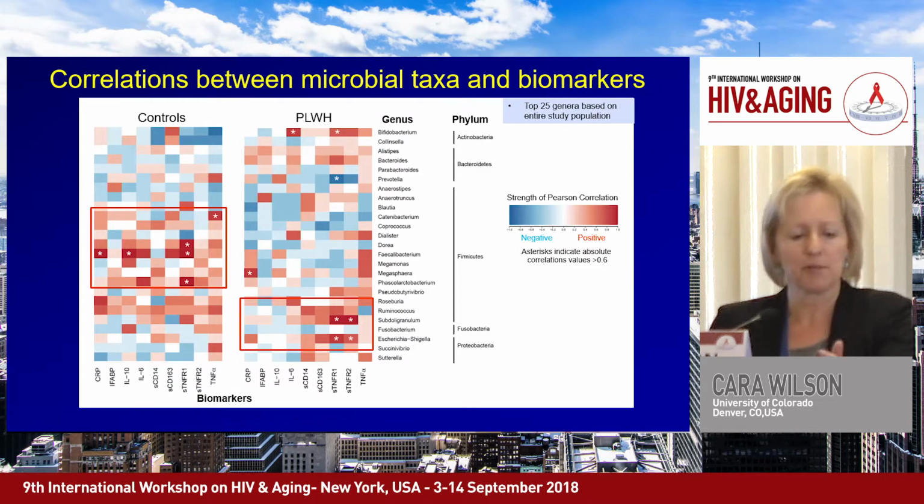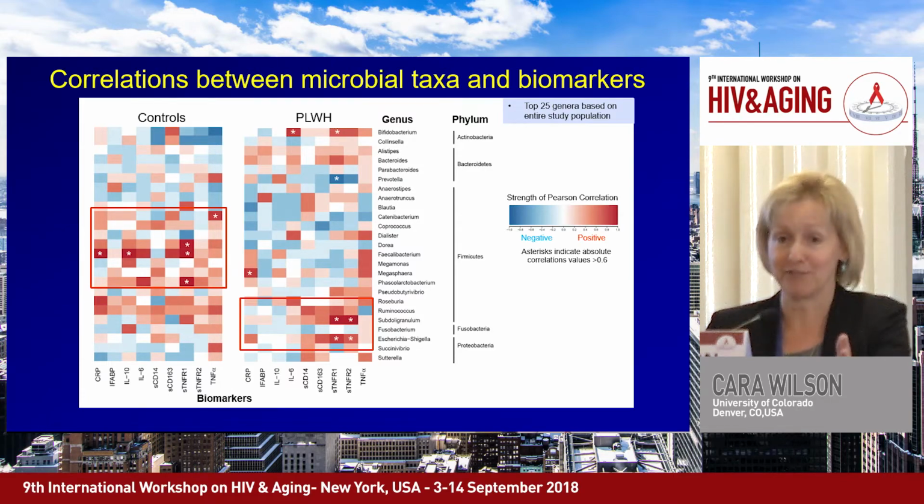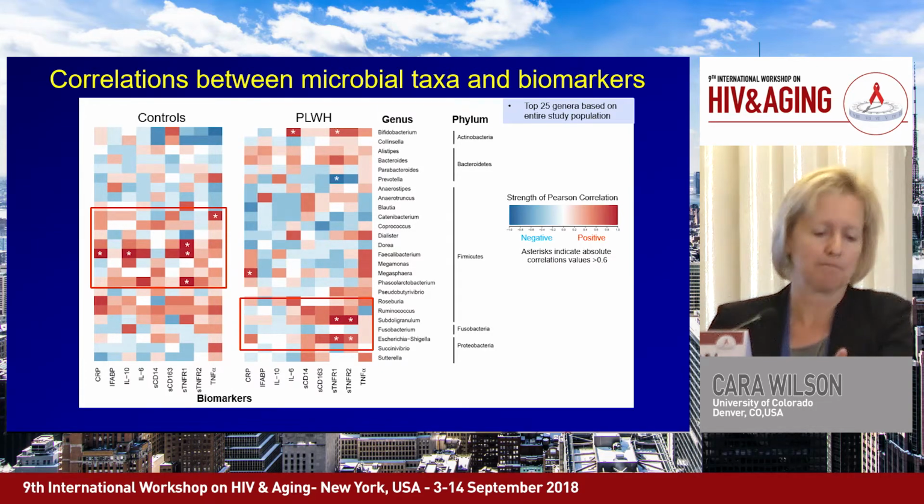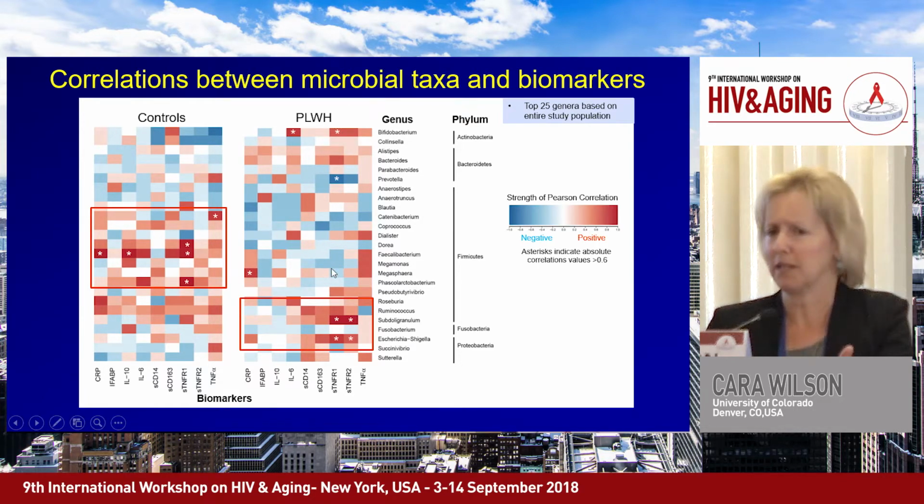And so what you see, if you just look at this and eyeball it, is that they're very different patterns, okay? And I've put boxes around some of the areas where you start to see significant positive associations. And you can see that if you go over from the controls, for instance, and look at the positive associations here, and then look at the HIV-infected group, many of them are actually going in the opposite direction.